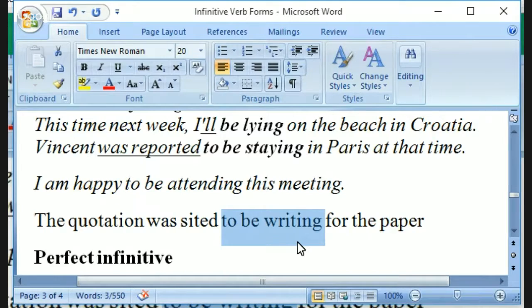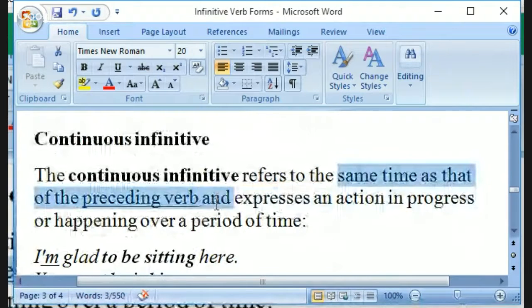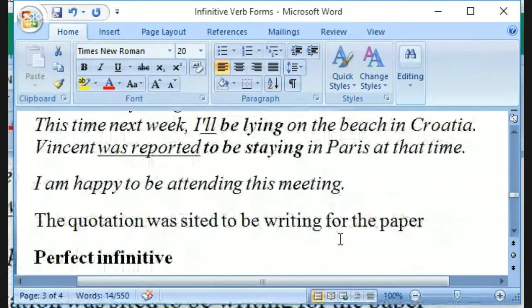Let's see. I'm thinking to be using for the paper. No, because that doesn't work. It doesn't make sense that it's happening over a duration or at the same time. It doesn't meet the criteria of the time, the same time as that of the preceding verb, plus an action in progress or happening over a period of time.